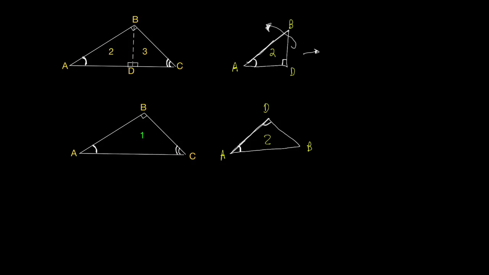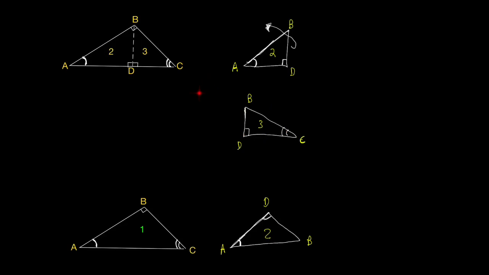We have to do the same thing for triangle 3 now. Here I've extracted triangle 3. We have to make sure that triangle 3 is in the same orientation as the original copy, which was triangle 1. So we're good with the right angle. The C is in the right place. But now notice that here D is the right angle, and it has to be here on the top.